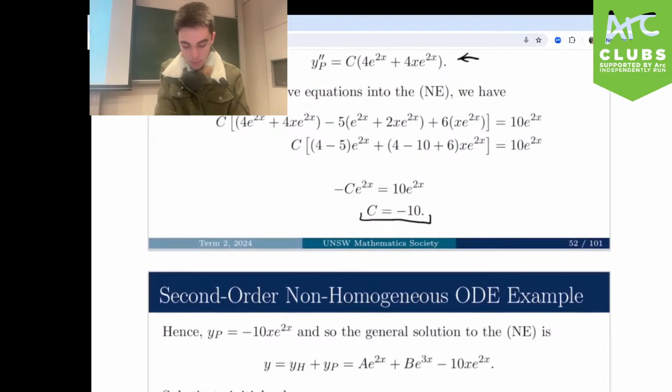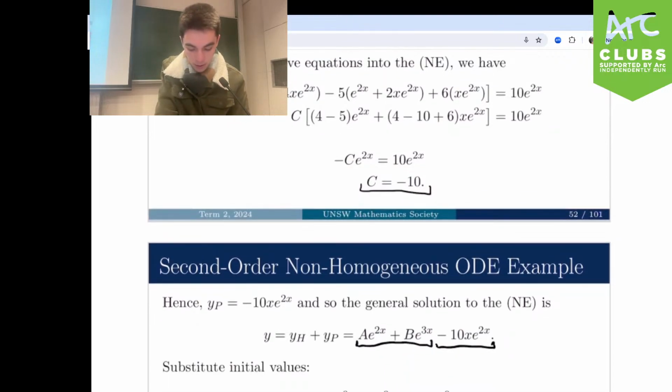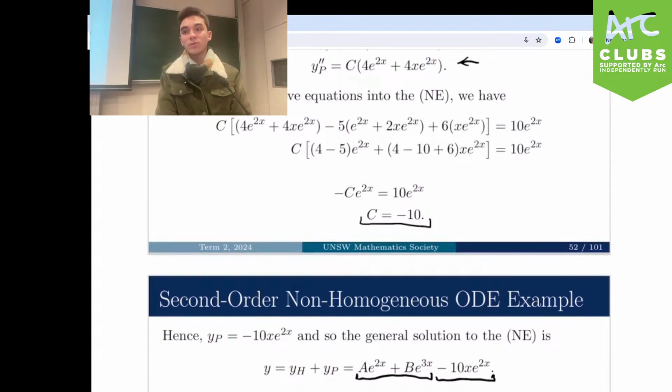And that means that we can find the general solution, right? We add the solution to our homogeneous case with the particular solution we just found. And we arrive at this expression. The last thing we have to do is substitute the initial values, right?